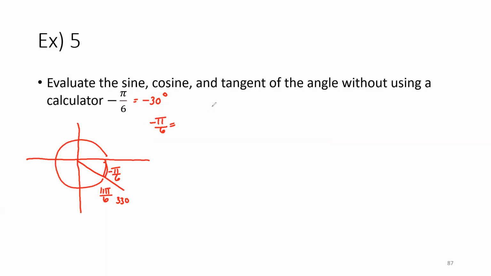I basically did negative pi over 6 plus 2 pi, right? If you simplify this, this would be 12 pi, and 12 pi minus 1 pi is 11 pi over 6. Okay, so if you look at the coordinate, it has an x coordinate of radical 3 over 2, and then it has a y coordinate of negative 1 half.